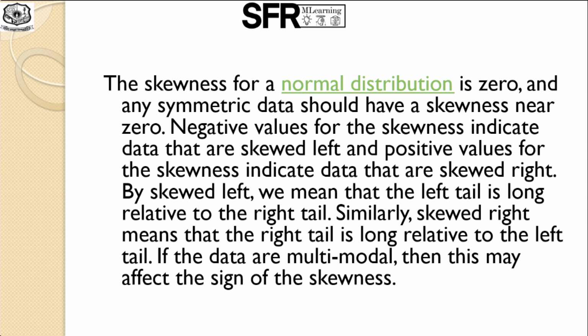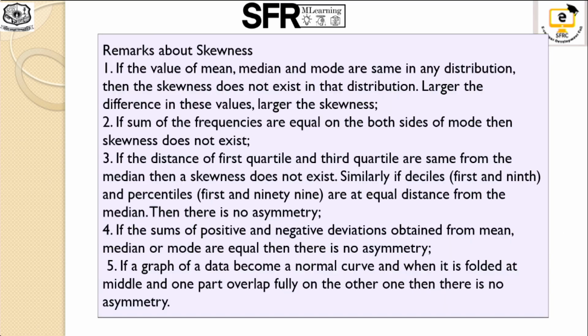But in multimodal data, we are not able to assume that it will be positively skewed or negatively skewed. So it will affect the sign of the skewness. In this slide, we will learn about the situations in which skewness does not exist.